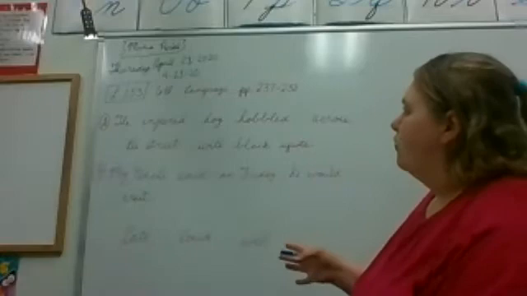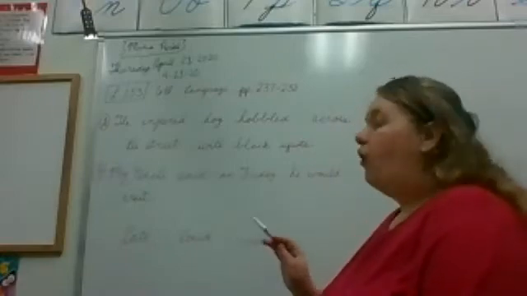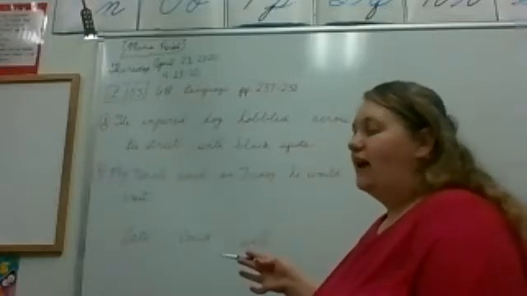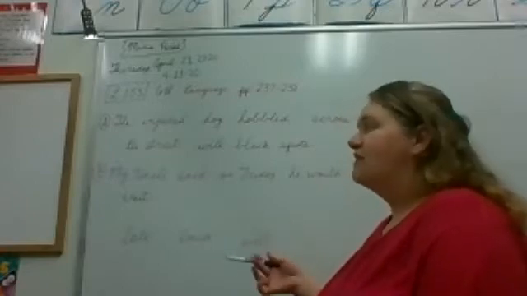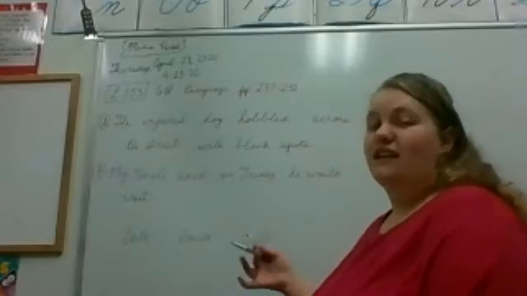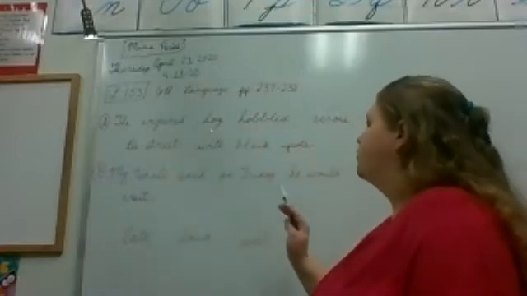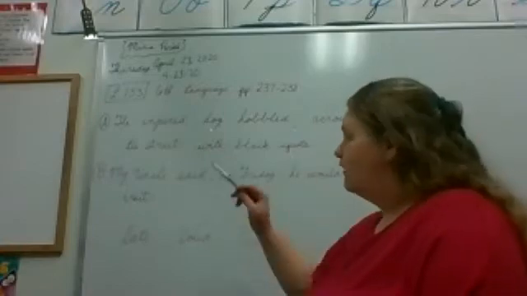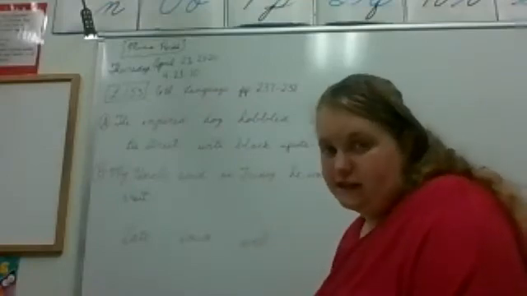When you have a phrase or a word in the wrong spot, it either makes the sentence funny, or it doesn't make sense, or it's just not clear, okay? So this first one: the injured dog hobbled across the street with black spots, okay? I would like to know where the street with black spots is.